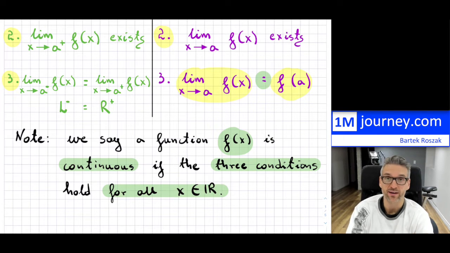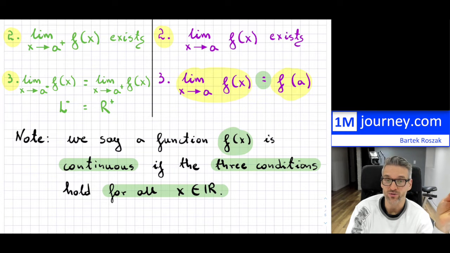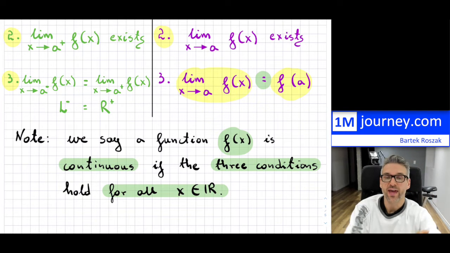So the entire domain has to be defined, and there is a limit for any single x that you like. And not only that, f at that point has to equal the limit for all of x. Then we say that the function is continuous. And you're going to be running into this quite often. For many cases, it's simple to understand.